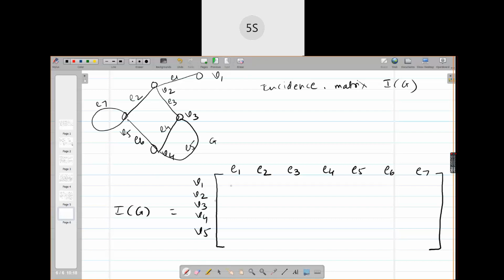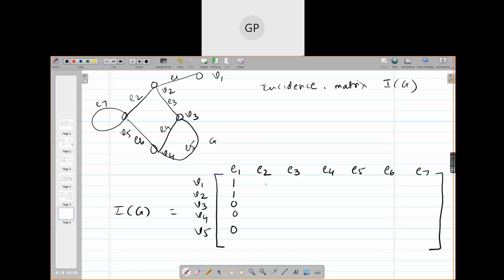V1 and V2. So there only you write 1 and elsewhere you write 0. Is that clear? Yes, ma'am. हाँ, सिर्फ वहीं पे 1 लिखना है जो दो वर्टाइसेस उसके एंड वर्टाइसेस है, और दो ही होंगे ना. Every edge has only 2 end vertices if it is not a loop.